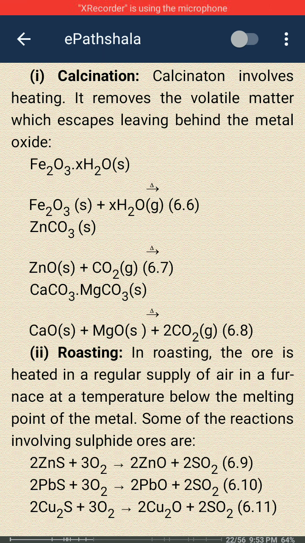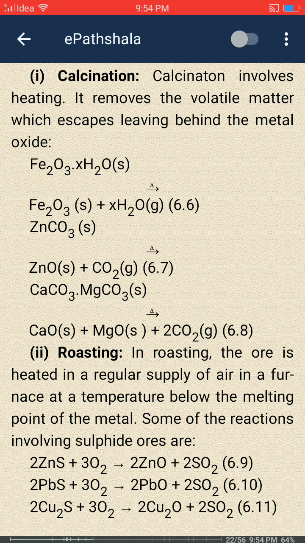But in calcination, metal carbonates are converted into metal oxides, but in roasting, metal sulfide ores are converted into metal oxides. And also calcination takes place in the absence of air, but roasting takes place in the presence of air.